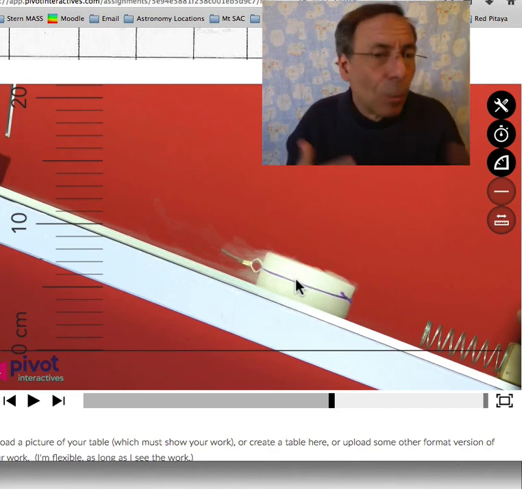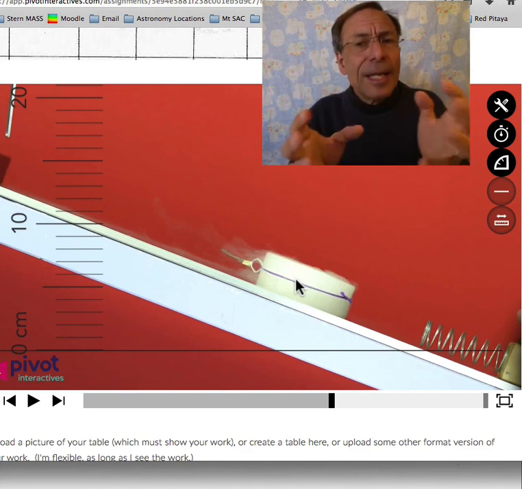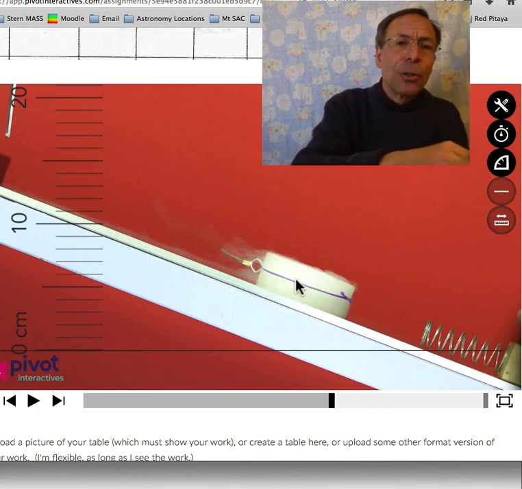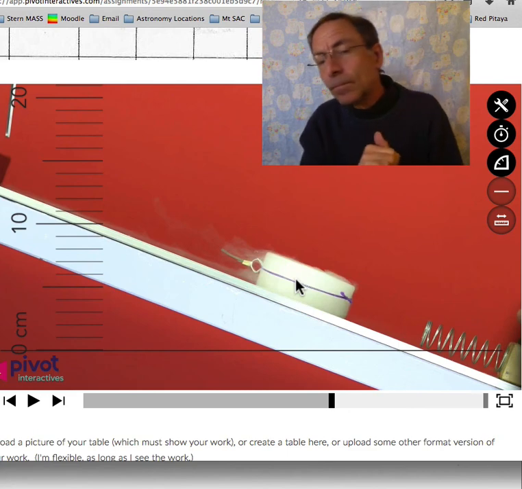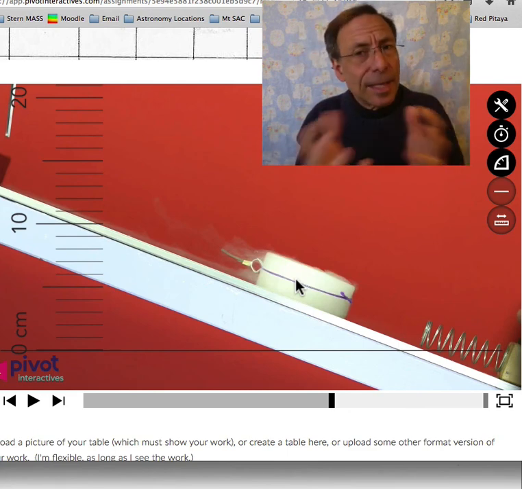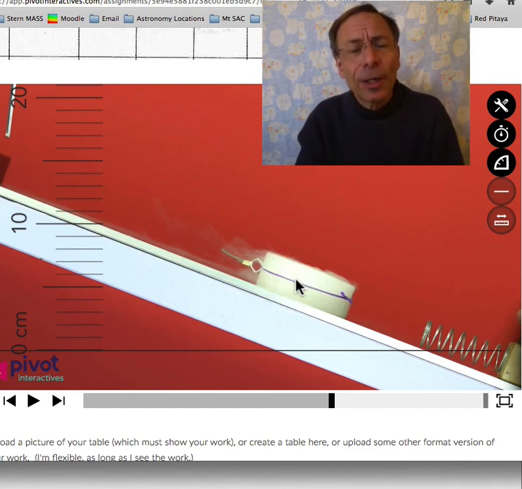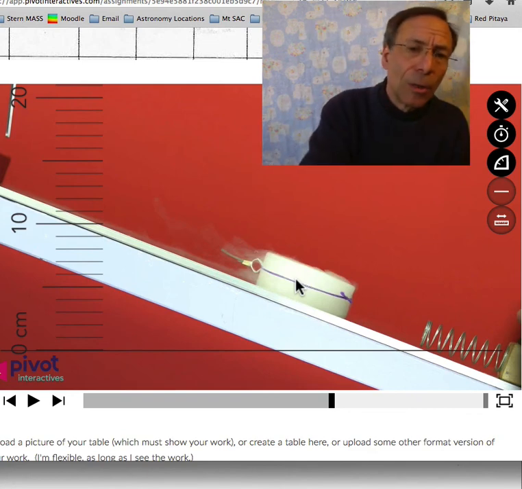One way of thinking about what's going on here is you could say, wow, gravitational energy is being transferred into kinetic energy. And transfer of energy like this entails work. And so what's going on is the gravitational force is doing work, and that work is moving gravitational potential energy into kinetic energy.